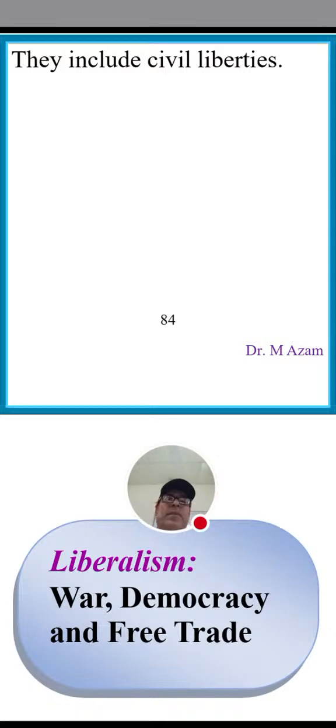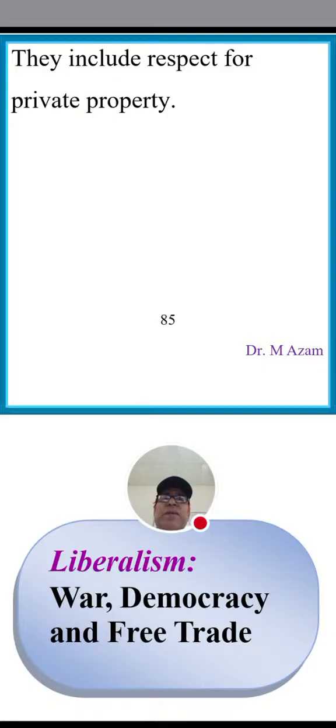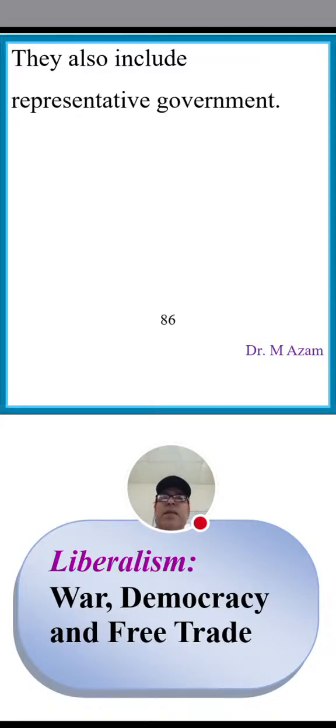These include respect for private property rights. Human rights include respect for private property.